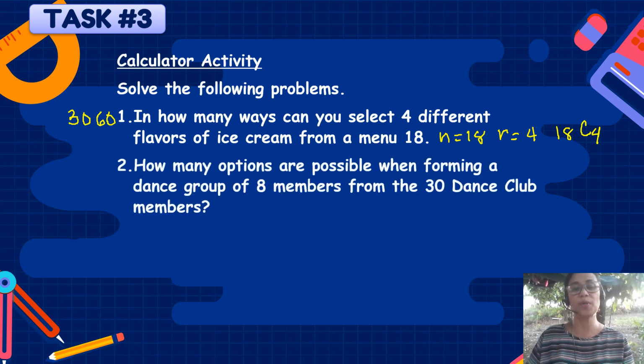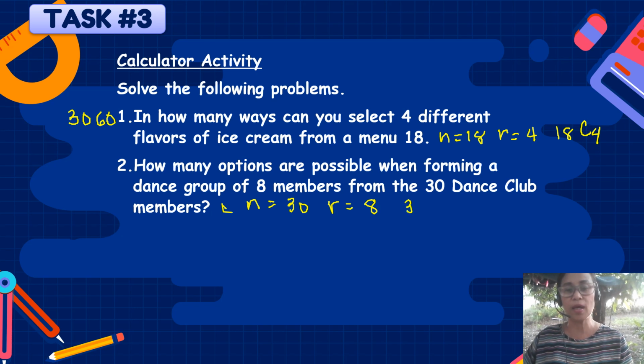Second problem. How many options are possible when forming a dance group of 8 members from the 30 dance club members? So n here is 30, but you have to form 8 members.